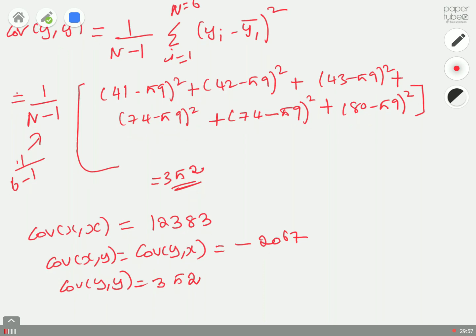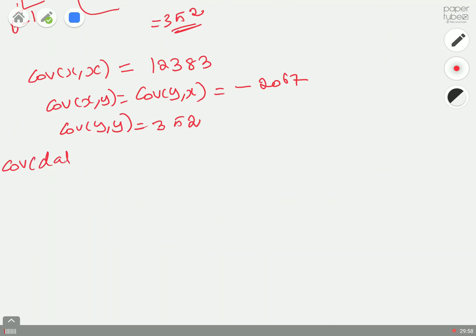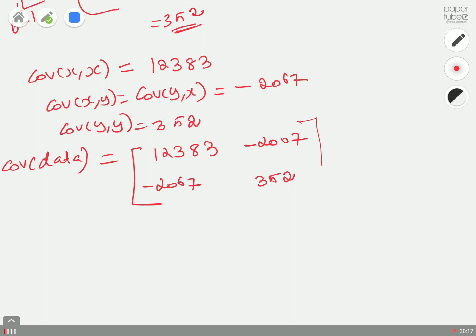So now we can write the covariance matrix, the covariance of data. That's equal to 12383, minus 2067 in the first row, and covariance of y comma x, that is minus 2067, and covariance of y comma y, which is 352. So that makes the covariance matrix.